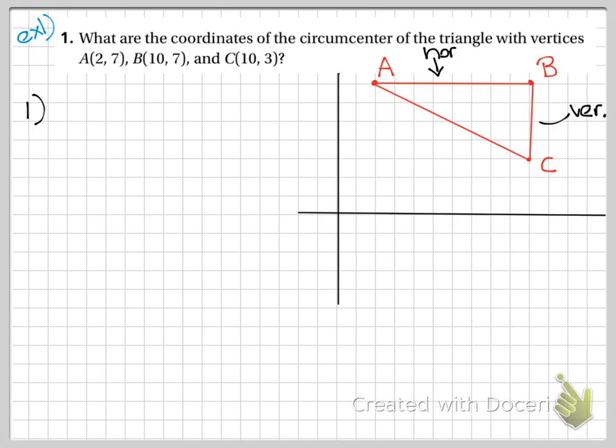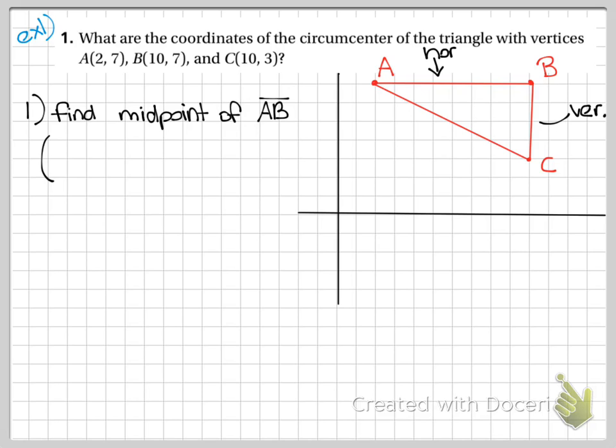First of all, I need to find the midpoint of AB.